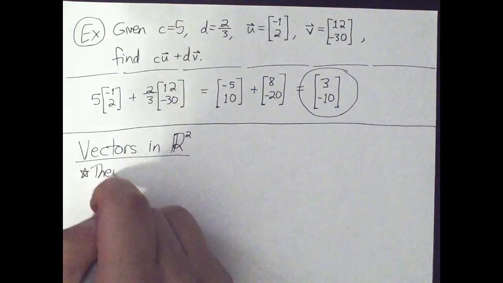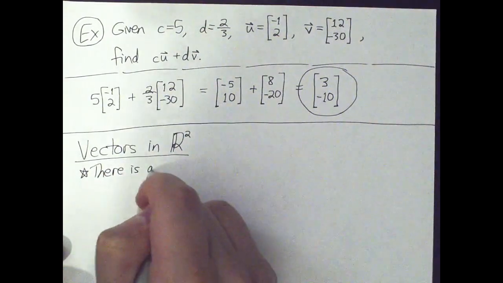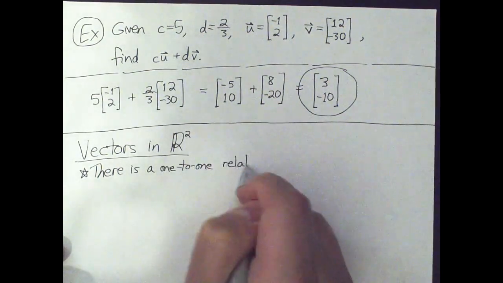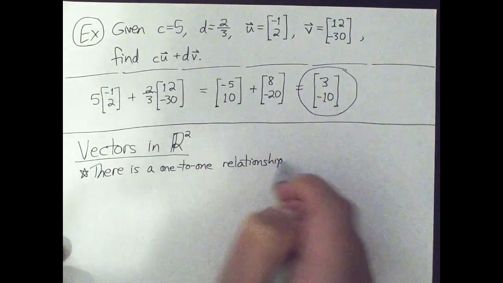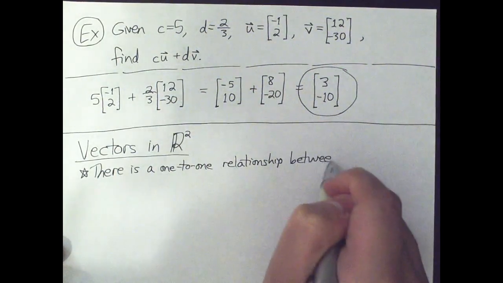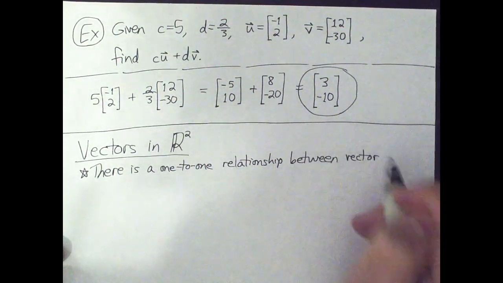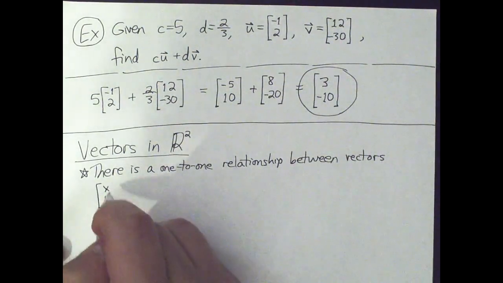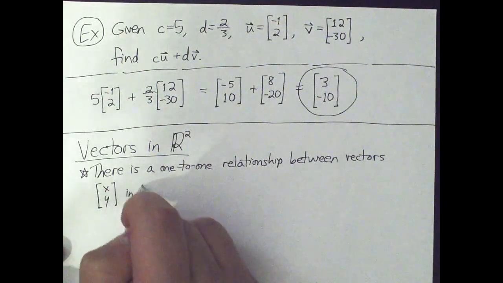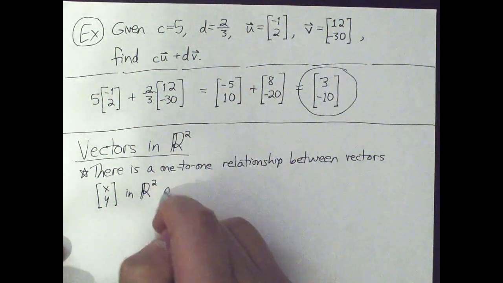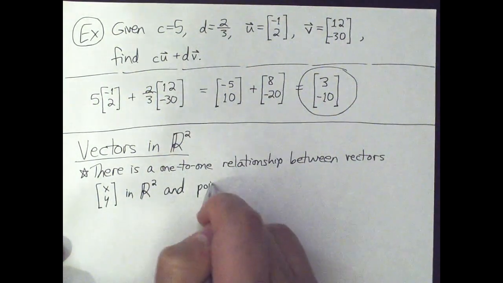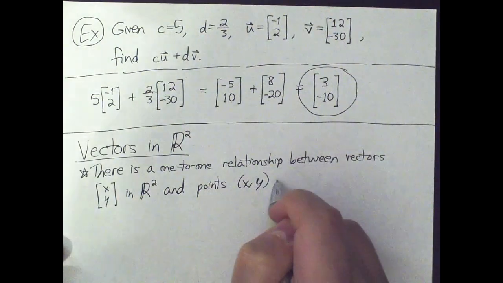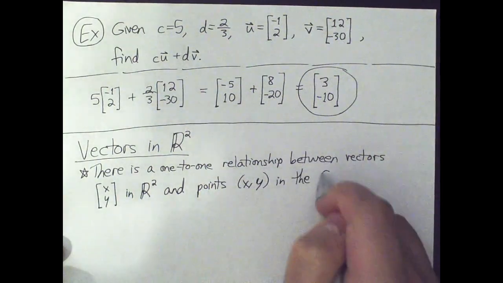I'm going to say that there is a one-to-one relationship between vectors xy in R2 and points x comma y in the Cartesian plane.